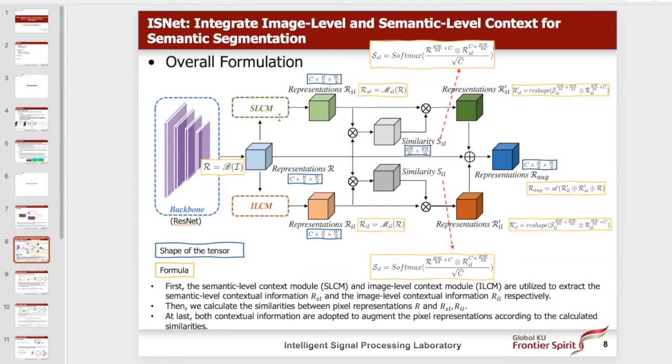It is designed by the authors, and the ILCM represents the image level context module. I will introduce these two modules later. And now we just focus on the flow.